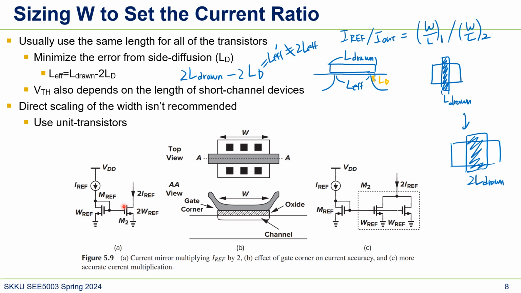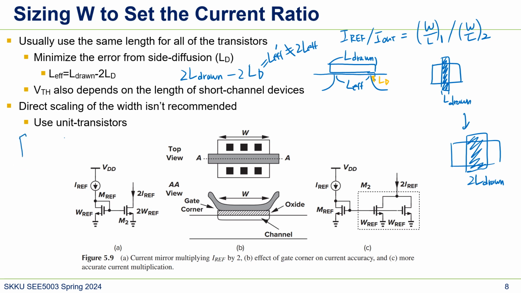But there are multiple ways to size W. First, the most intuitive way we can think of is just doubling the width. What I'm saying is, in terms of layout, let's say we have this transistor and we want to make the current double.